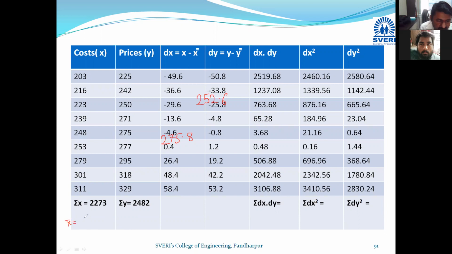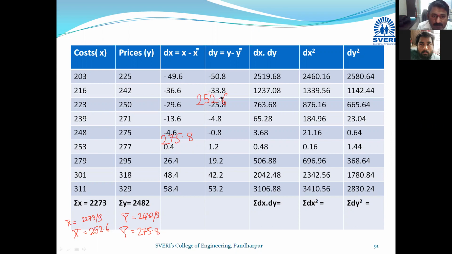X bar is equal to 2273 divided by the total 9. I am just taking the average. Therefore, X bar is equal to 252.6. And Y bar is equal to 2482 divided by 9, so Y bar is equal to 275.8. Okay, so these are the values.